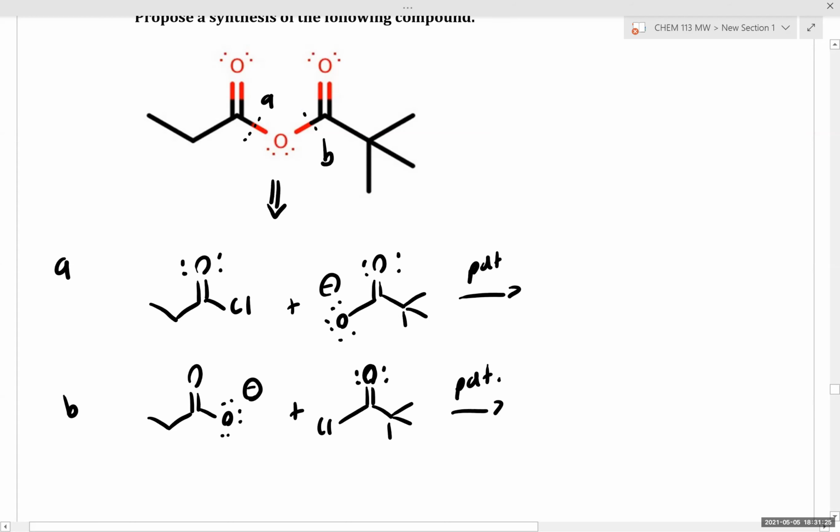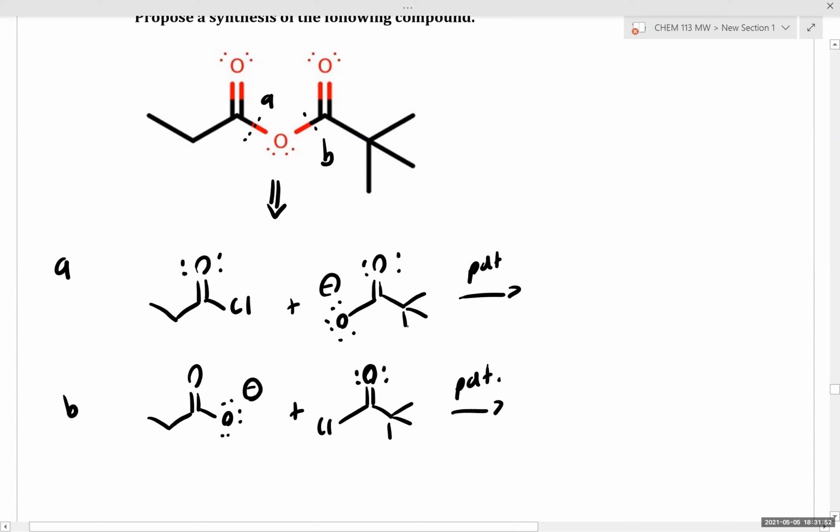Which one would be better? So if we think about it, generally it's more difficult to attack highly hindered electrophilic sites. So I'd say route A is slightly preferred. Okay, that's why I drew that one first. That's what I was thinking. Though both with enough forcing and higher temperatures could be accomplished.